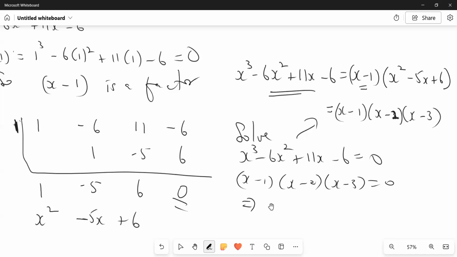So this implies that x is equal to 1, 2, or 3, right? I guess I don't have to tell you how I came up with that. You put each of the brackets equals 0. It's either x minus 1 equals 0, or x minus 2 equals 0, or x minus 3 equals 0, which implies that x equals 1, or x equals 2, or x equals 3.